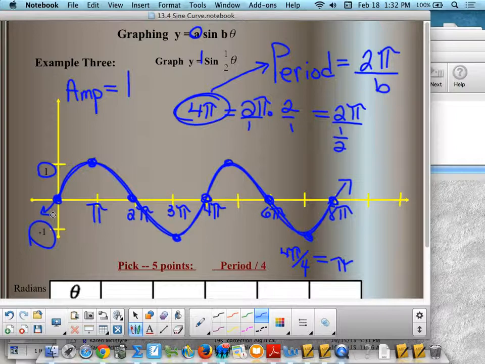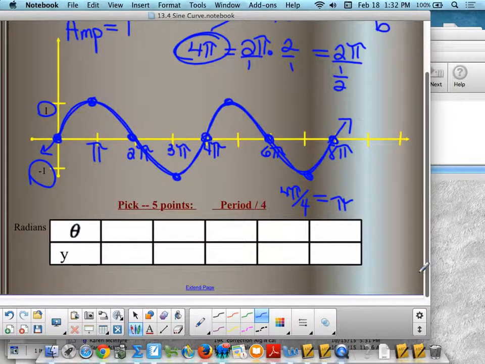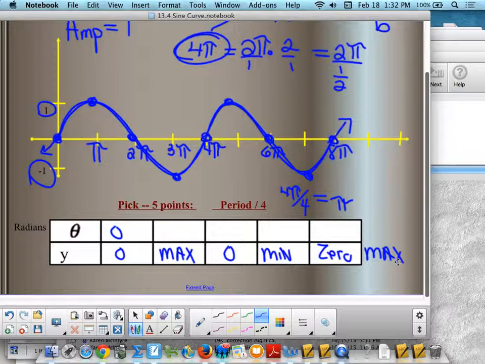No, I did not use the table. In this spot, you'll always get a 0. This spot, you'll get what? 1, if the amplitude's 1. So 0, max, 0, min, 0, max, it just repeats. And the max and the min, that's the amplitude. That's all it is.